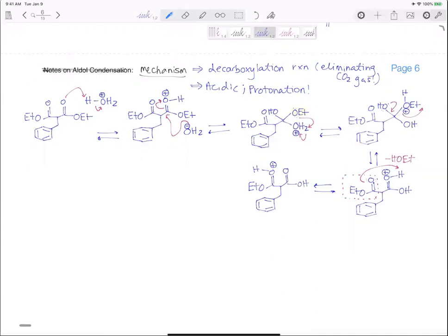Now, based on your gut feeling, what do you think is going to happen next? It already happened just now. Exactly. Water is going to come back into attack. Very good. Okay, so that's your nucleophile adding to electrophile.